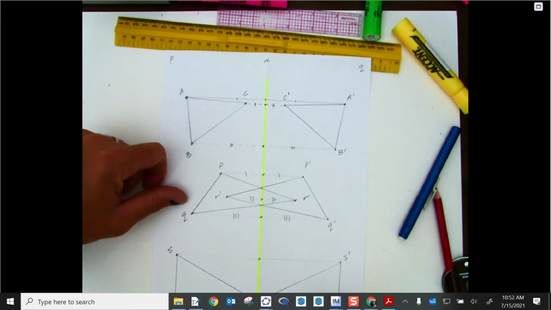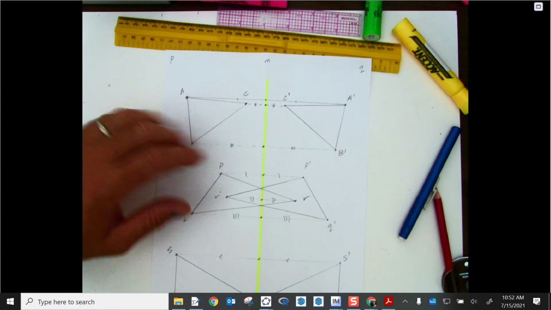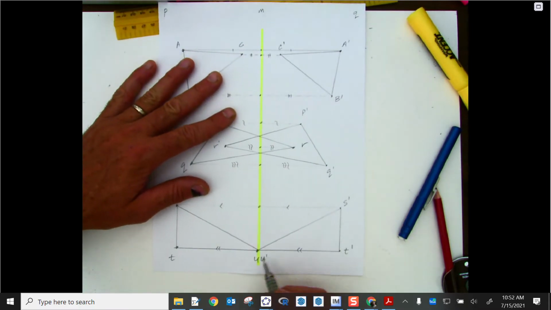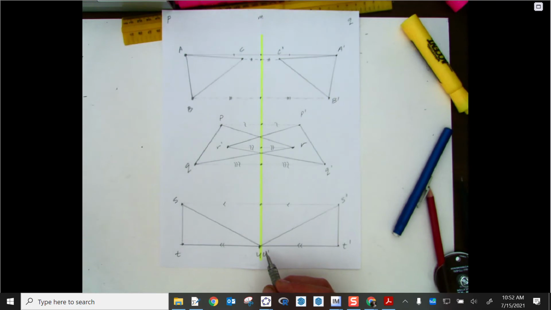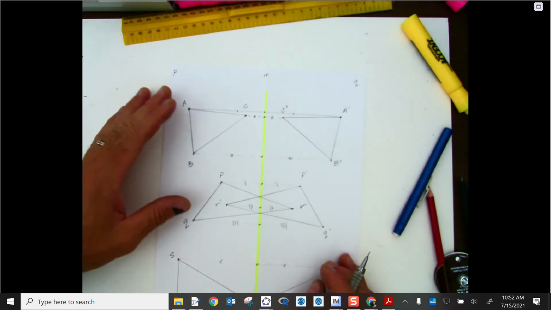Then the last piece here is that this distance is the same as that distance, so maybe a little hatch mark like this, even though that's sometimes used for parallelity. So those two distances are the same. And then of course, the distance from U to the fold line is the same as the distance from U prime to the fold line. Oops, I'm off the screen. Because both are 0. So the distances are the same.